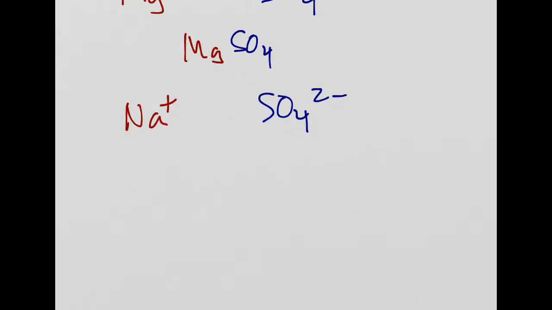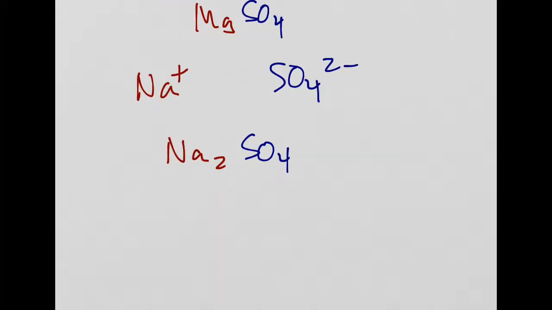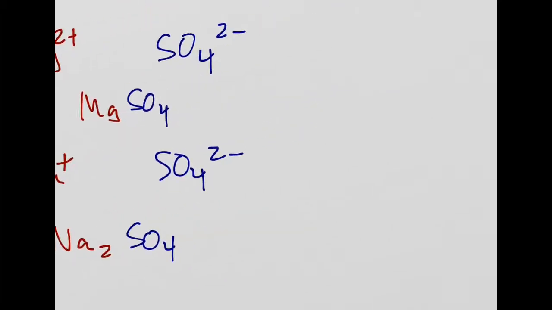You simply ignore the subscript that's associated with the SO4, right? That's always going to be associated with SO4, so that never changes. And the 1 that you assume here with S, that never changes too. It wouldn't need to in this case either, because you would just simply take 2 sodiums to go with 1 sulfate, right? And there you have it. Sodium sulfate, balanced out.